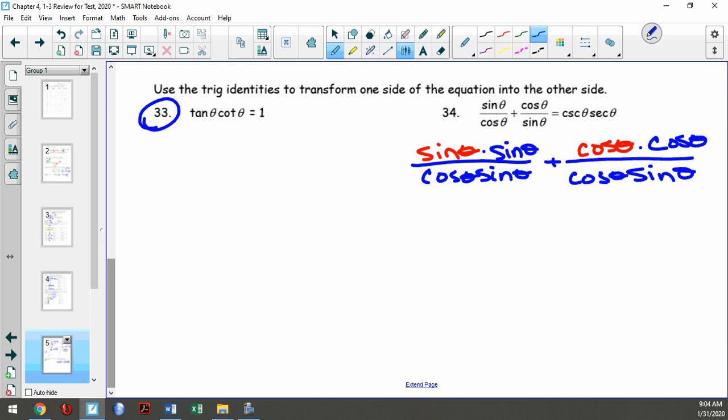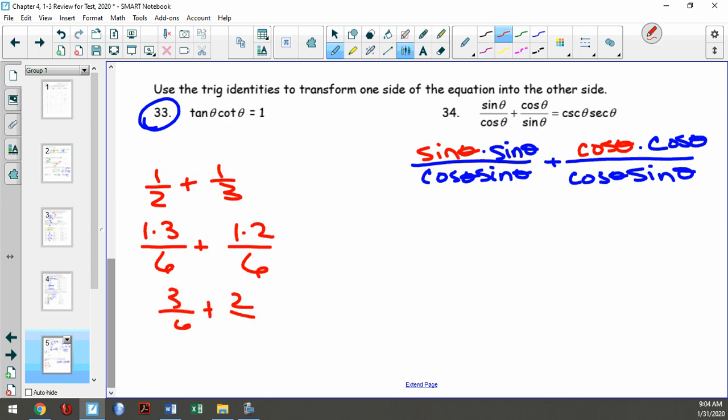For example, if I had 1/2 plus 1/3, yes, my LCD would be a 6. What did I multiply 2 by to get a 6? So I drop down the 1 and multiply it by 3. If I want to get a 6 out of this 3, what did I multiply it by? So that's 1 times 2. So I'm going to have a 3/6 plus a 2/6. Same exact philosophy, but with 2 different trig functions.